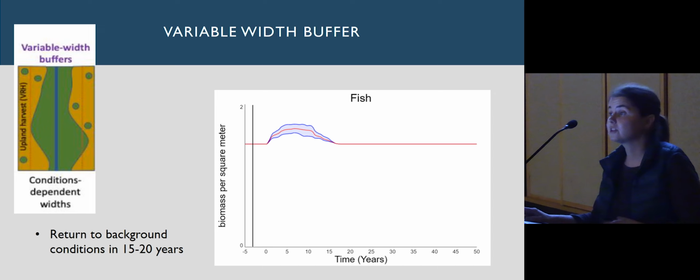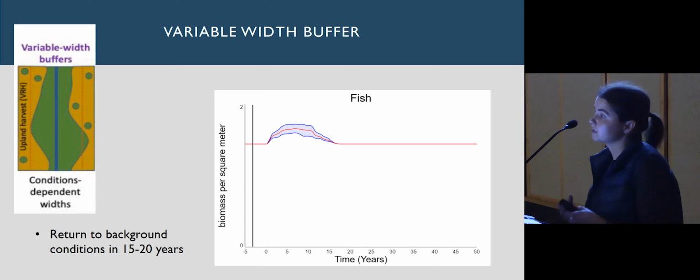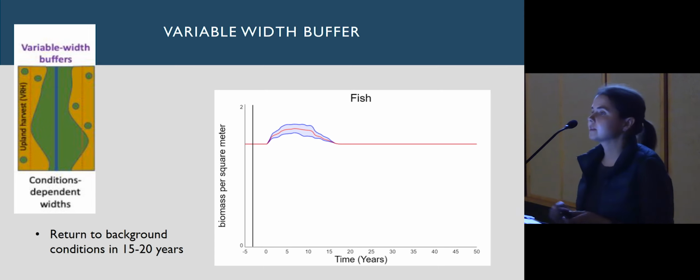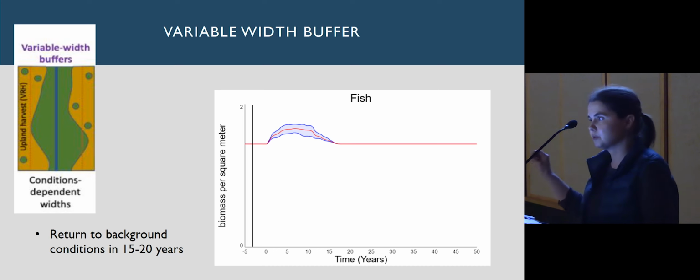Our response to the next treatment, our variable width buffer, is pretty similar. These buffers vary a little bit in thickness based on site conditions, but the group thought that the response would be pretty similar among these treatments, where we see, again, that return to baseline levels after about 15 to 20 years.